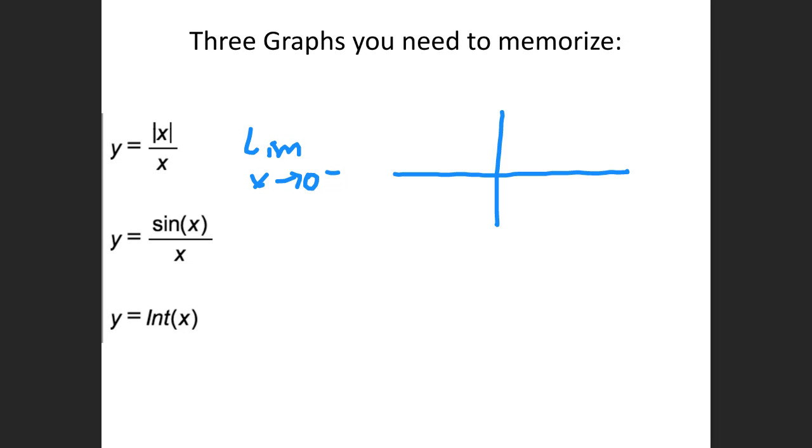Okay, so here's the graph of the absolute value of x over x. Here is 1. Here is -1. The graph looks like this. It's a horizontal line, and over here it's a horizontal line also at -1. And one of them is solid and one of them's a circle. I don't know which one is which, we'll just go that way.